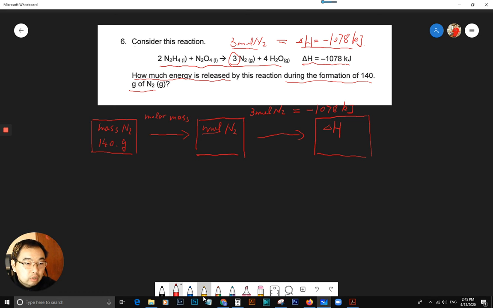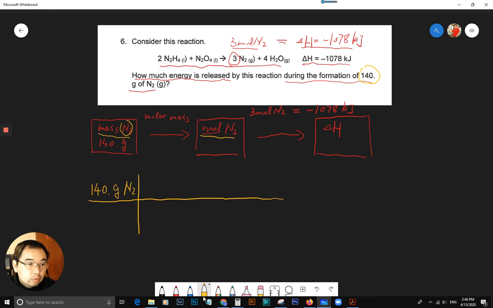Okay, so let me use another pen. We can set up a long equation to solve this problem. First, we write down what we have. What's the question given? Which is 140 gram of the nitrogen. Then the first step is we need to convert the gram of the nitrogen to the mole of the nitrogen.